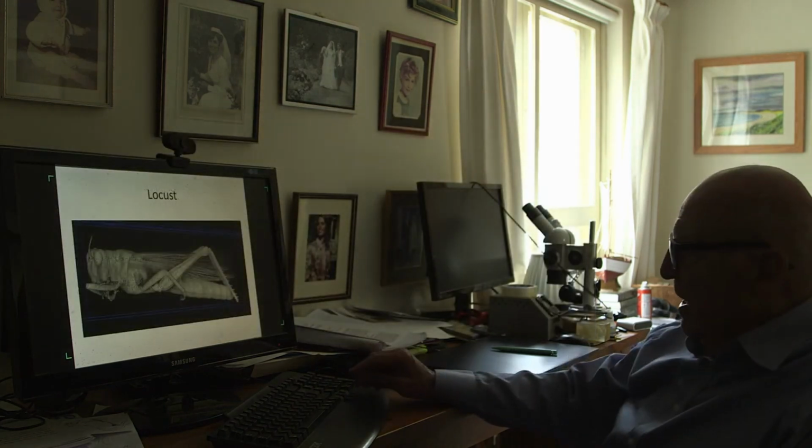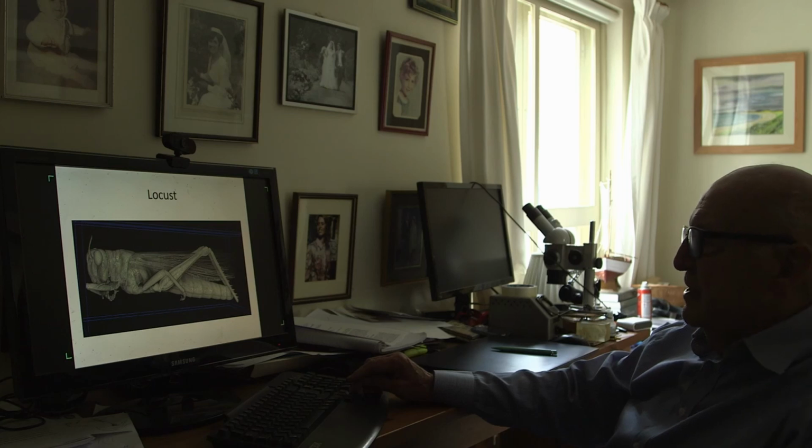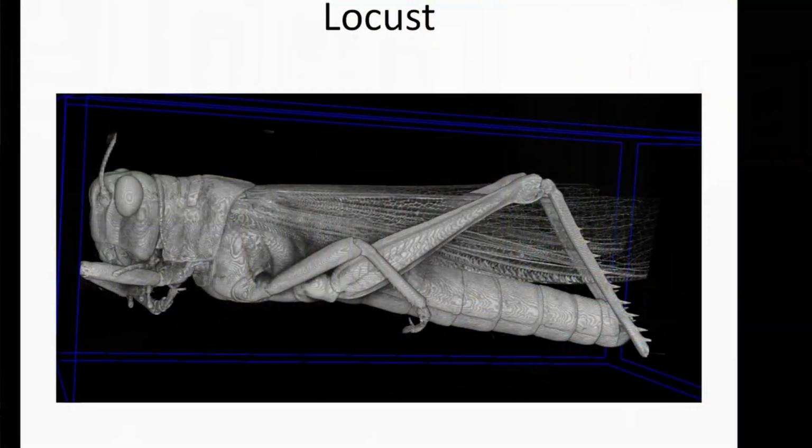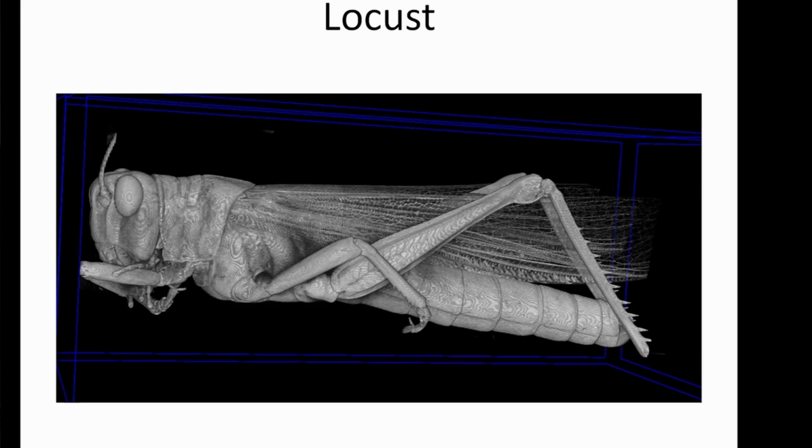This is an unstained locust. We're now going to cut into the middle, a midline sagittal 3D view.